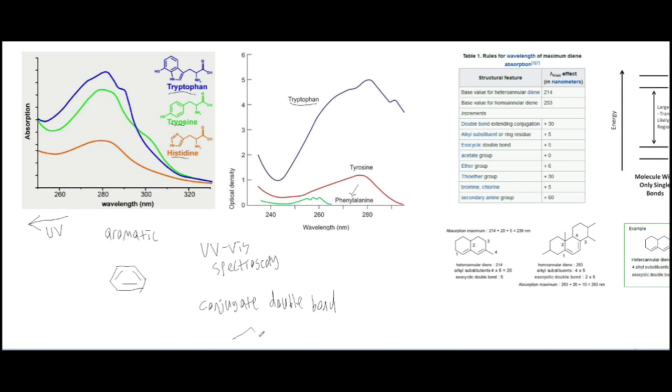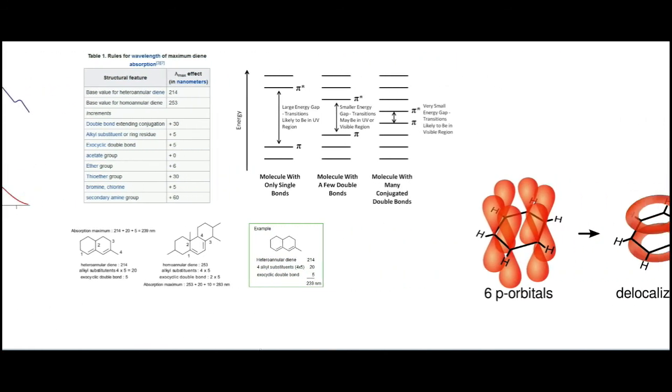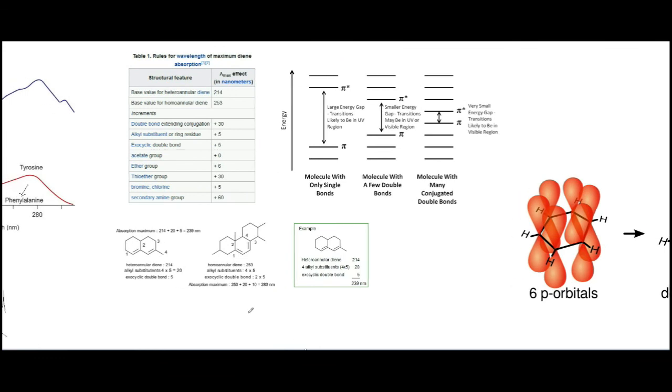So you might have a chain like this, and then every other bond is a double bond. And so over here we have these rules about how things affect the maximum peak in our UV-Vis spectroscopy.